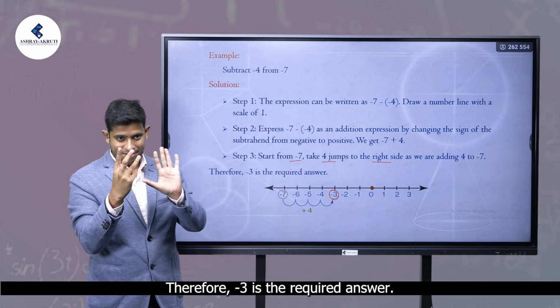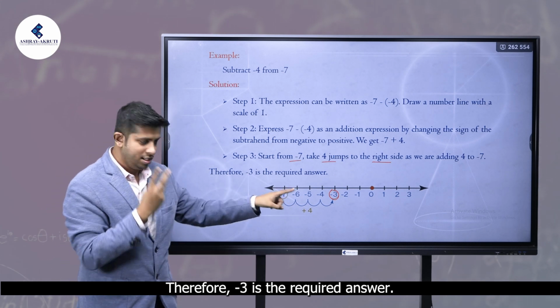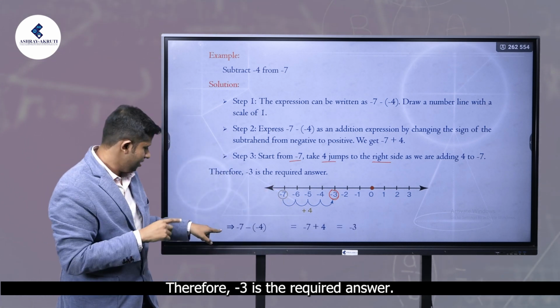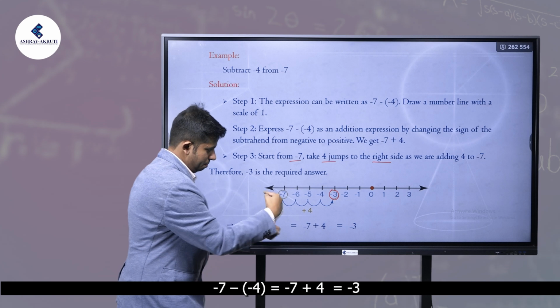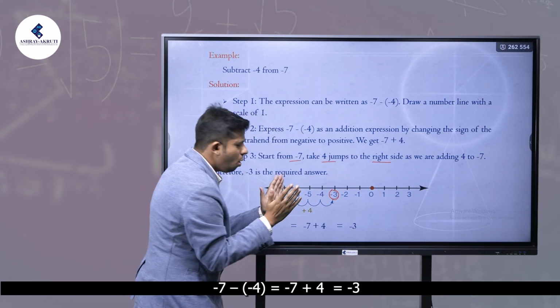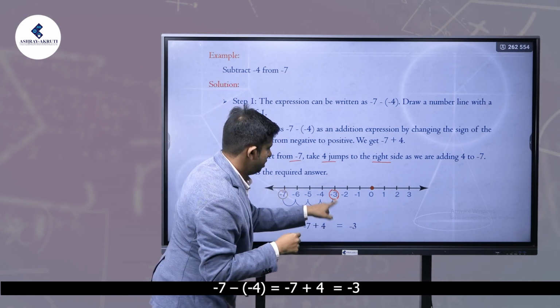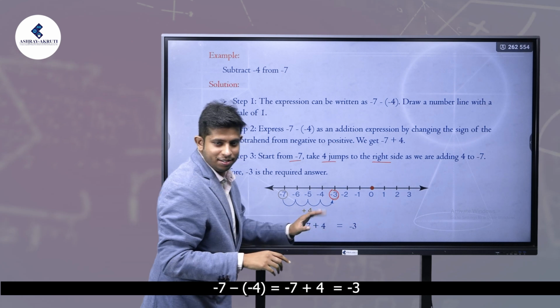Therefore, minus 3 is the required answer. Minus 7 minus of minus 4 is equal to minus 7 plus 4, which is equal to minus 3.